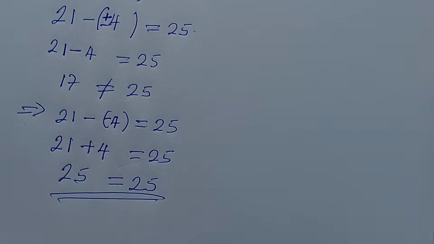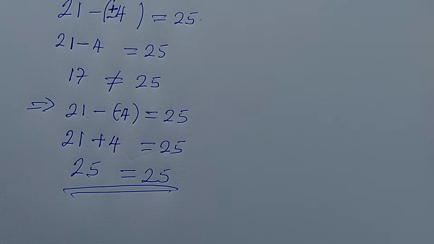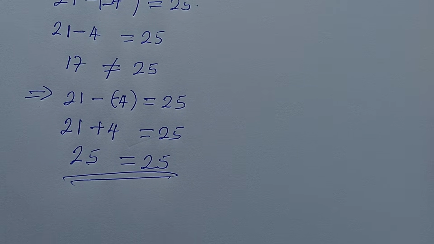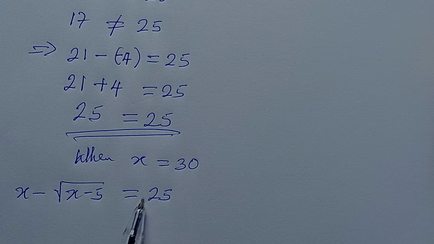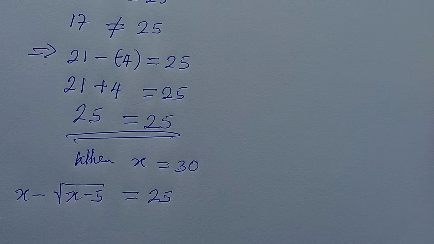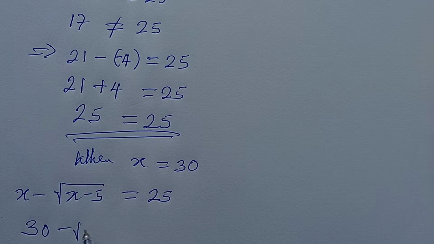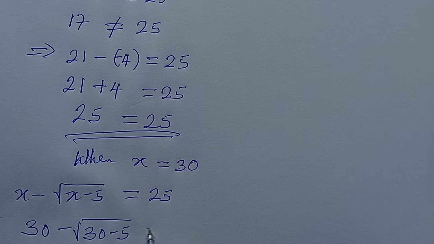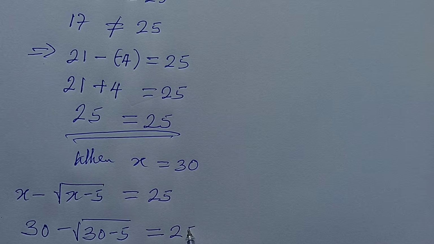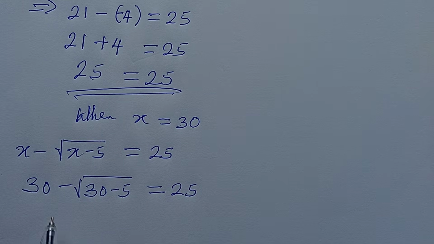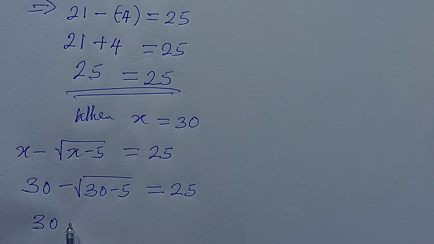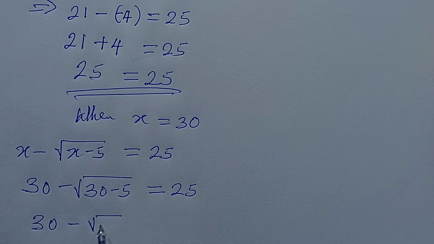Now let's check if the second one will satisfy the original equation. When we have x equal to 30, let's substitute. This gives us 30 minus the square root of 30 minus 5 equal to 25. So this gives us 30 minus the square root of 25.